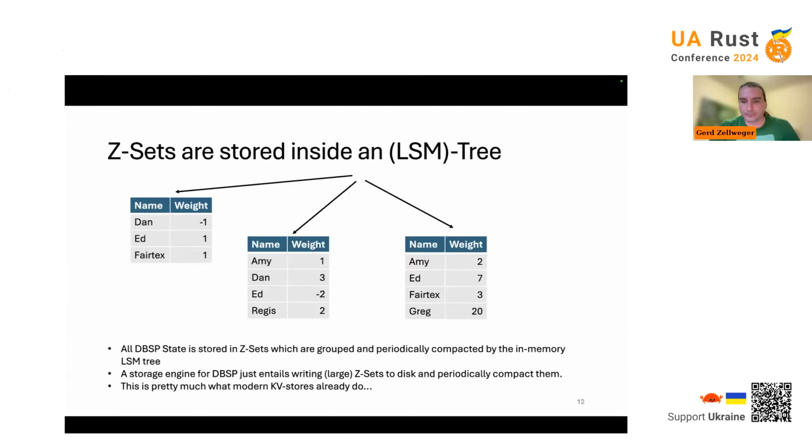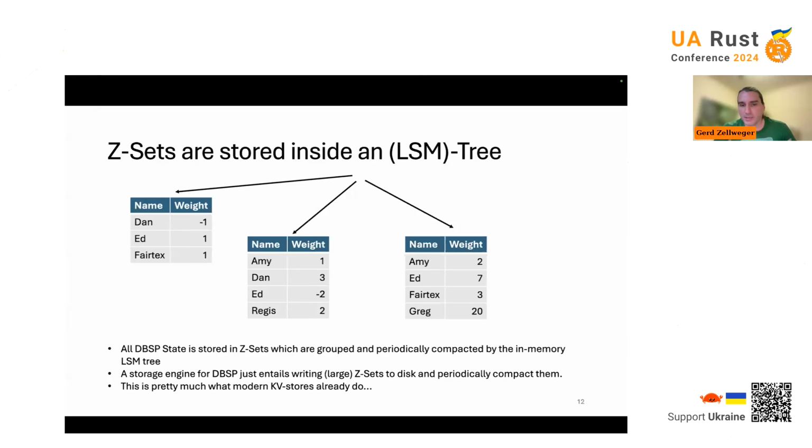There are also threads that periodically compact them, similar to what I just showed you. If we wanted a storage engine for DBSP, all it would entail is taking those C-sets, or sorted vectors of changes, and writing them to disk. Ideally you would take the large ones and keep the smaller ones in memory.